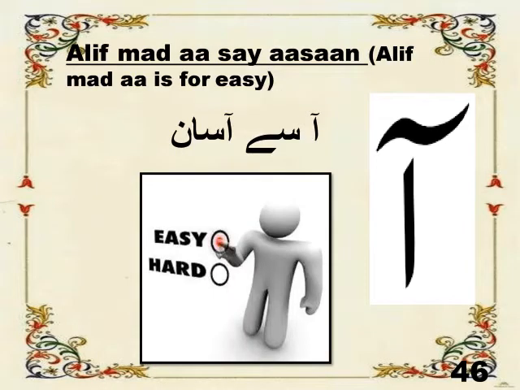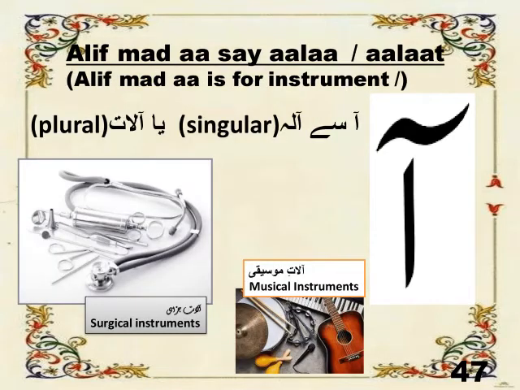Alif Mad A se asan. Alif Mad A is for easy. When we want to say something is easy, we say it is asan. Alif Mad A se ala ya alat. Alif Mad A is for instrument.